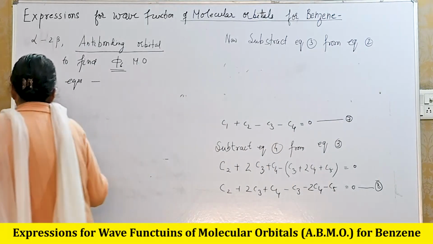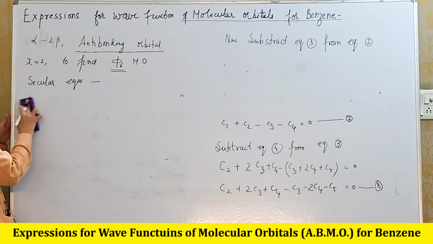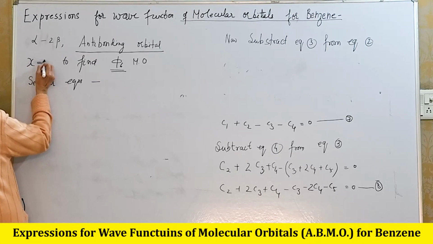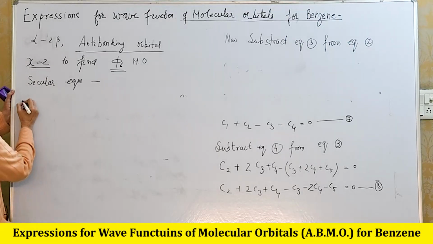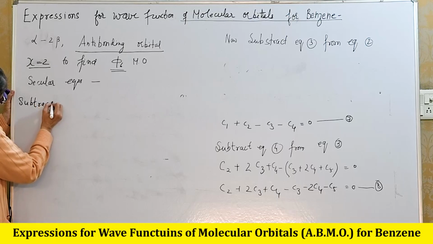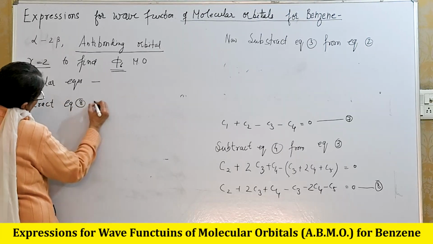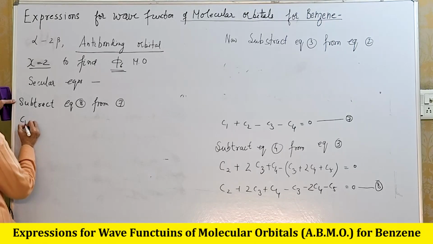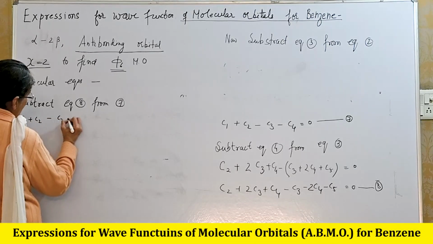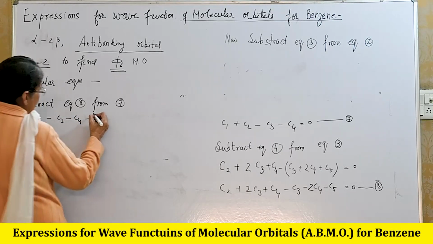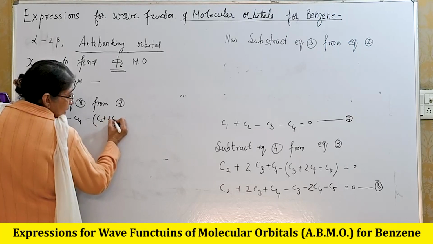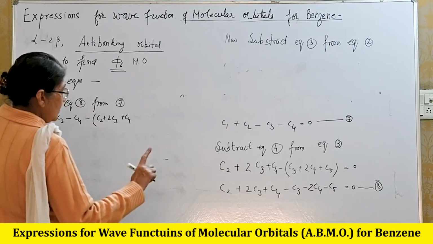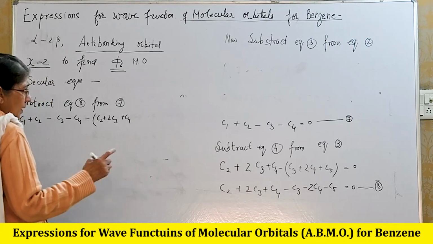Now subtract equation 8 from 7. Then we get C1 plus C2 minus C3 minus C4 minus C2 plus 2C3 plus C4 minus 2C4.